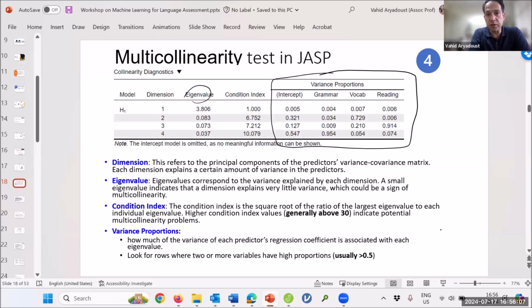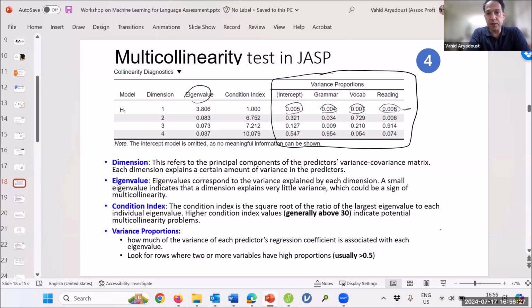For example, let's look at the first row. There is no high proportion of variance. The maximum is 1, the minimum is 0. You see, all of them are equally small. Look at these numbers, and even the intercept is small, which is good.